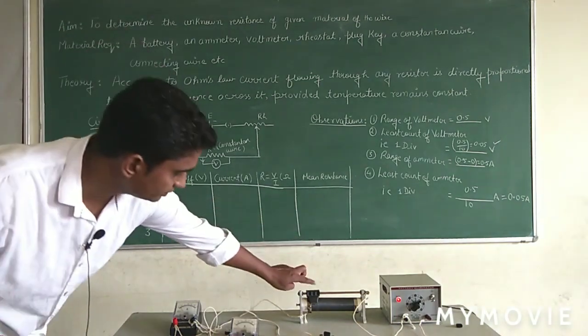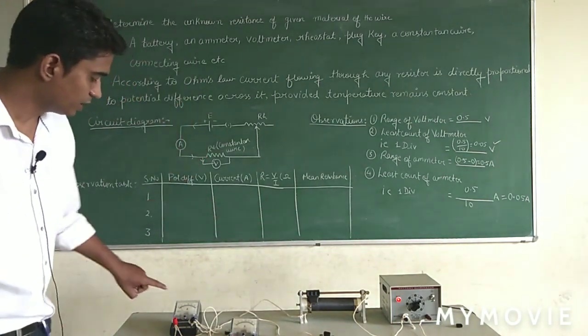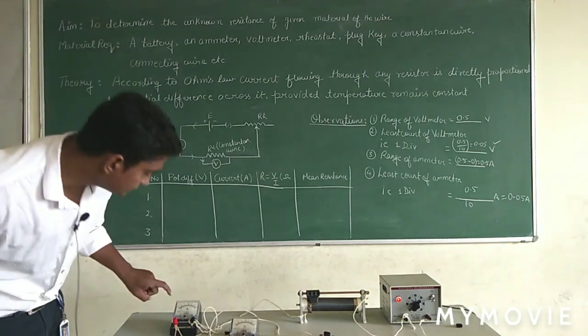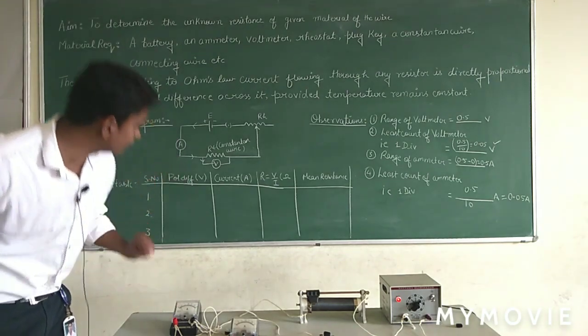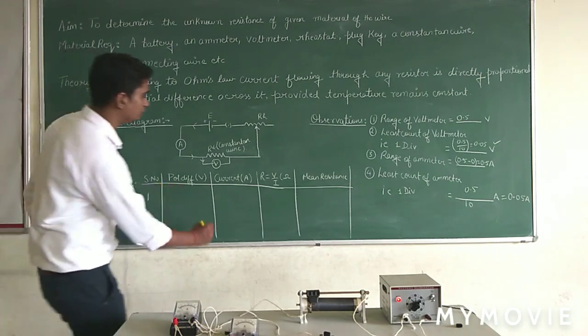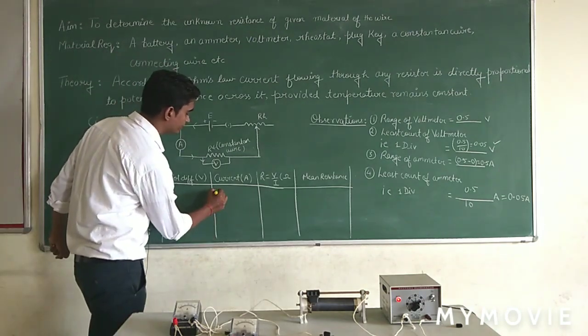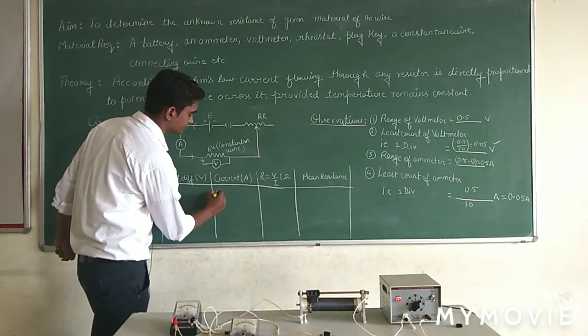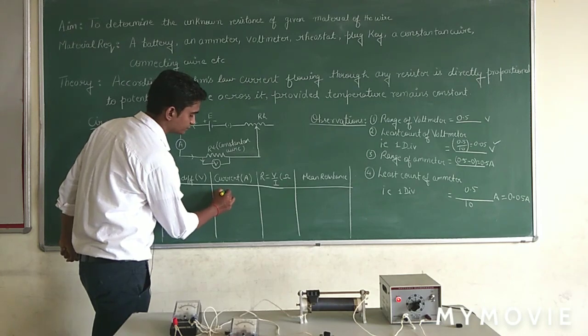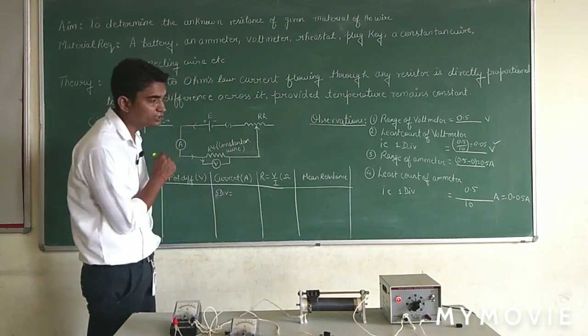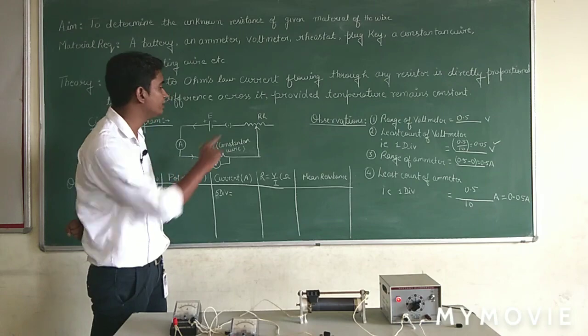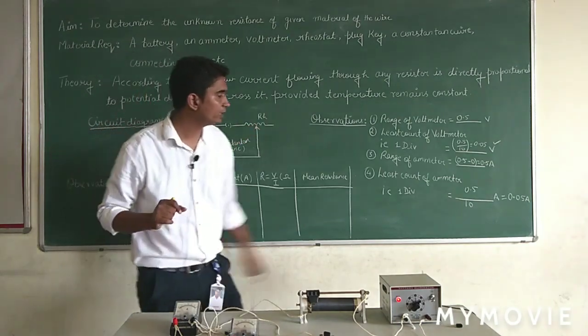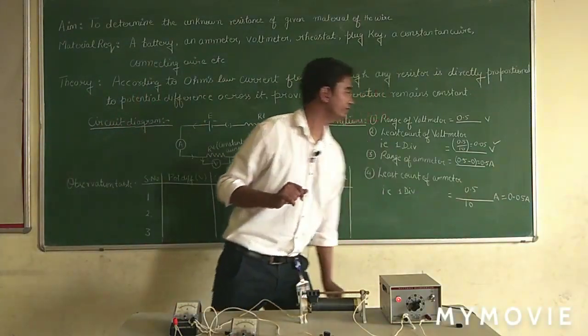Now at this position of the slider, my ammeter is showing the 5th division. 5 divisions is equal to how much ampere? Use the least count concept. 1 division is equal to 0.05 ampere.